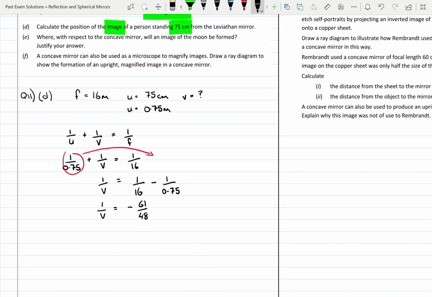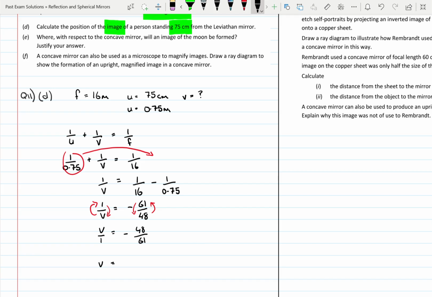Now, at the minute, guys, we've got 1 over v, but what we're looking for is v by itself. So what we can do at this stage is just flip this fraction upside down. And if you do it on one side of the equal sign, you can also do it on the other side of the equal sign as well. So that becomes v over 1, v divided by 1 just stays as v, and now we've got minus 48 divided by 61.